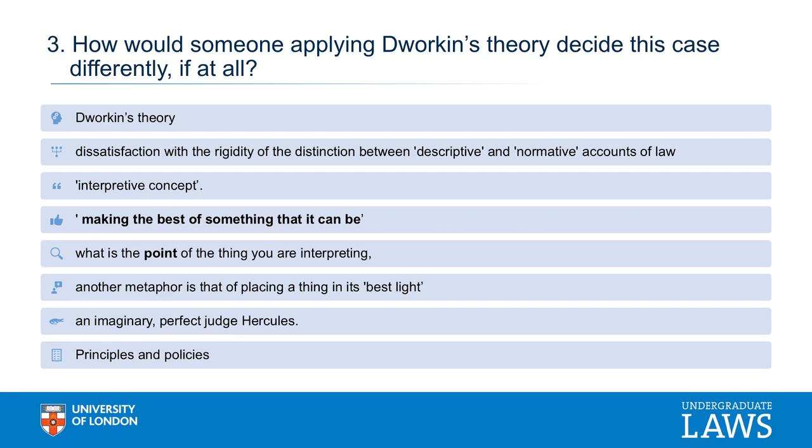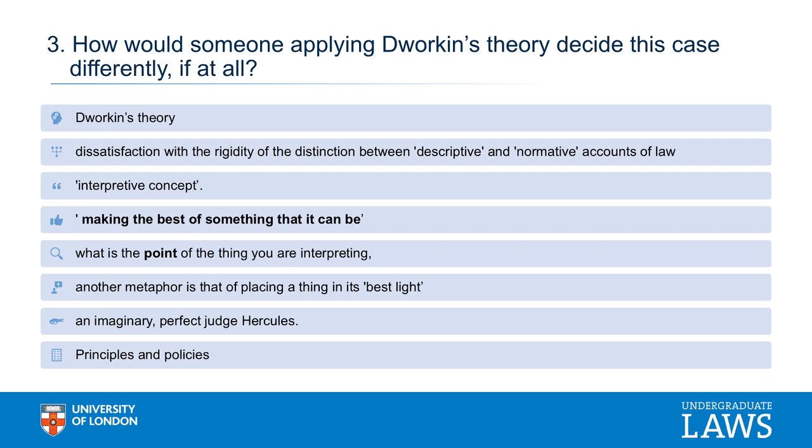Dworkin says that the essential idea in interpretation is making the best of something that it can be. And this very abstract idea is to be applied to the idea of law. The idea of making the best of something can be described in several ways. The quickest way to the idea is through the notion of a thing having a point.